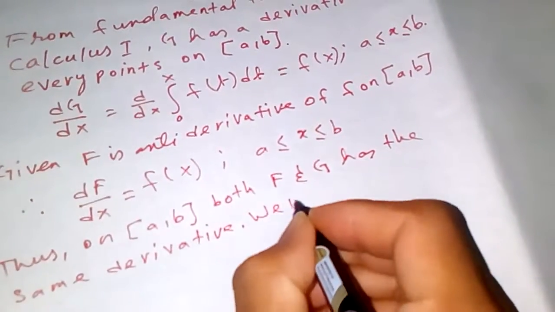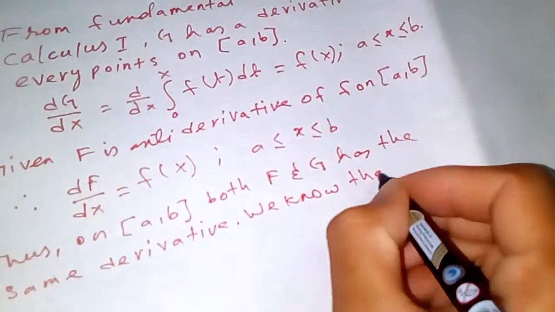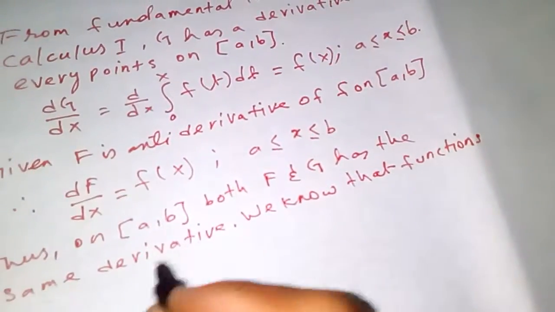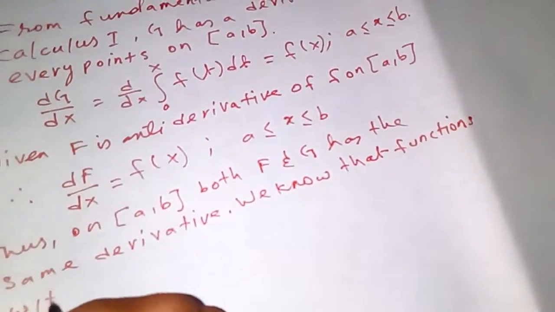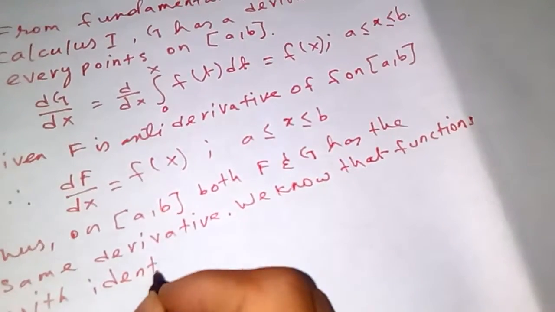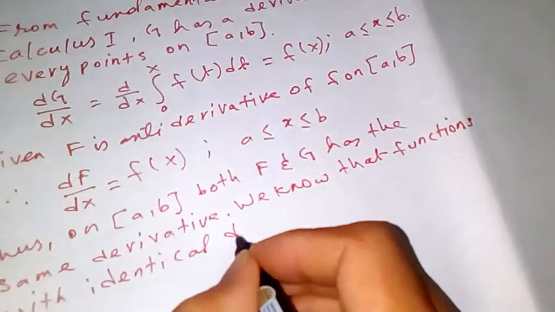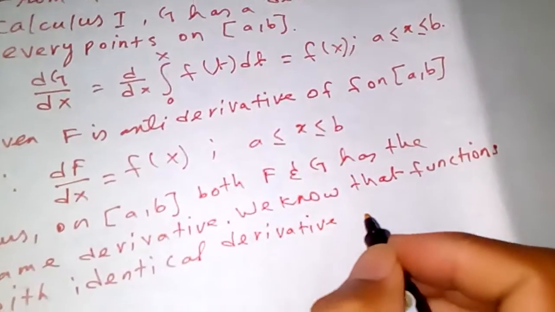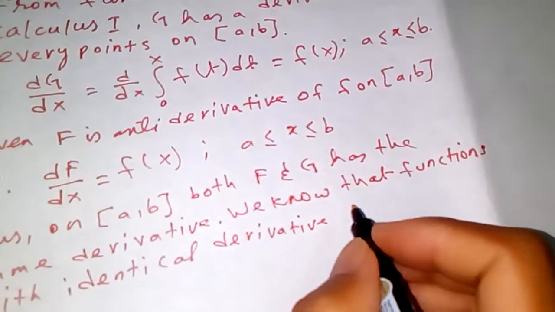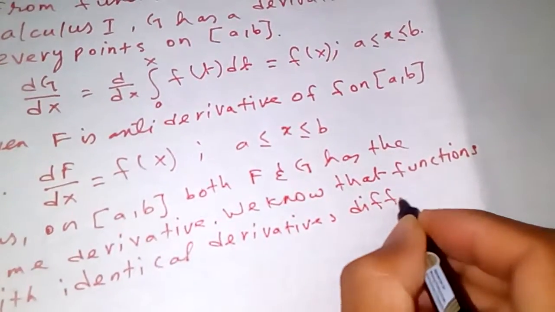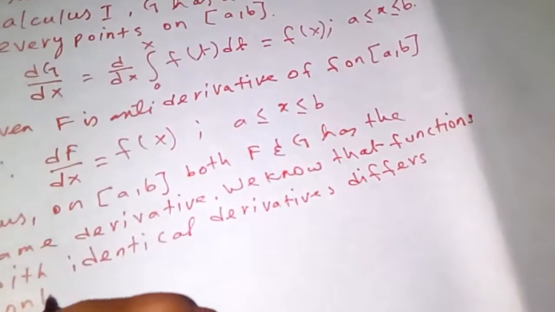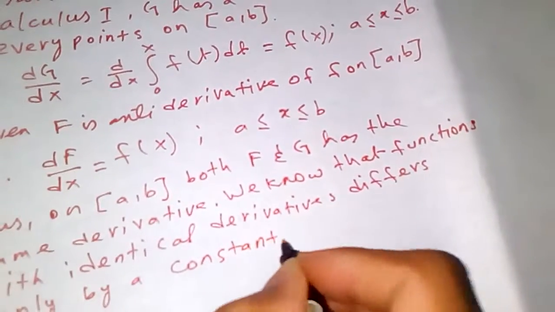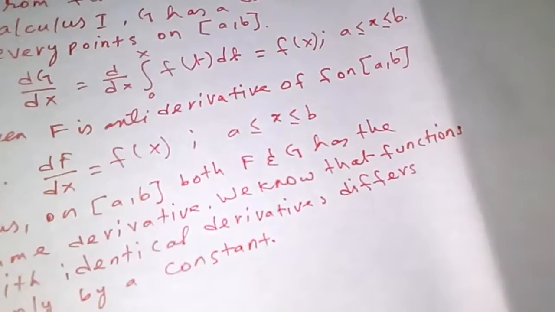Now we know that functions with identical derivatives differ only by a constant, which I have proved in properties of indefinite integral.